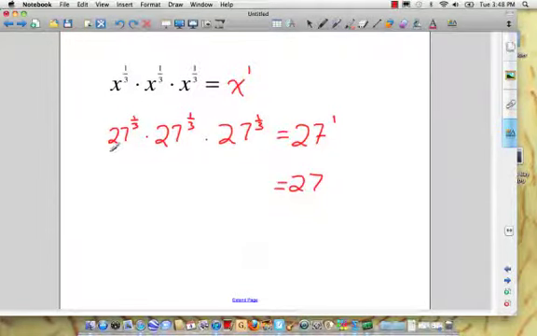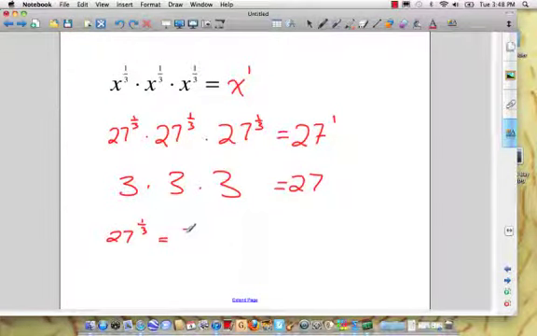So even though you might think 27 to the 1/3 is 9, 9 times 9 times 9 is way bigger than 27. It turns out the only number that's going to work here is 3 times 3 times 3. So 27 to the 1/3 is the same as the cube root of 27, which is 3.